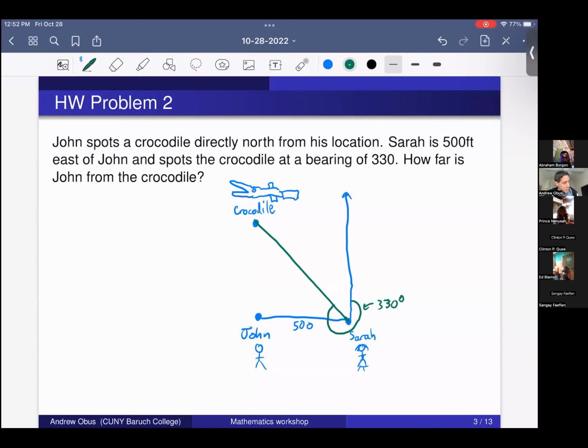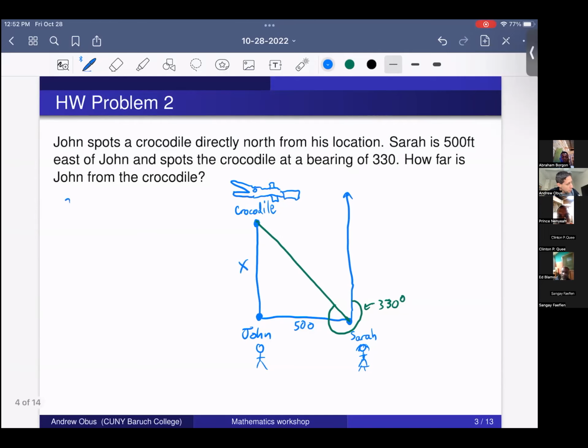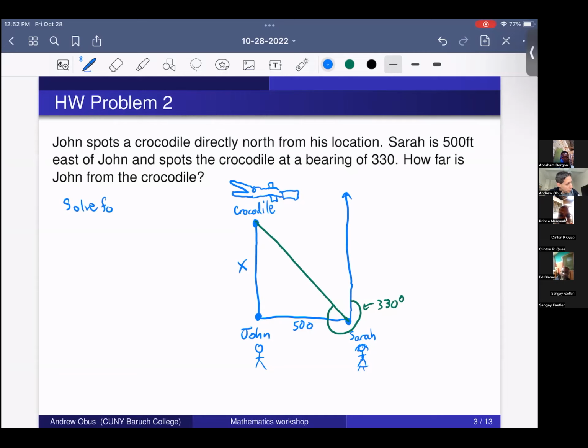So we have John, we have Sarah, we have this crocodile, and we have 330 degrees. What we want to figure out is how far John is from the crocodile. John has his north line, and we can call this X, and what we really want to do is solve for X.